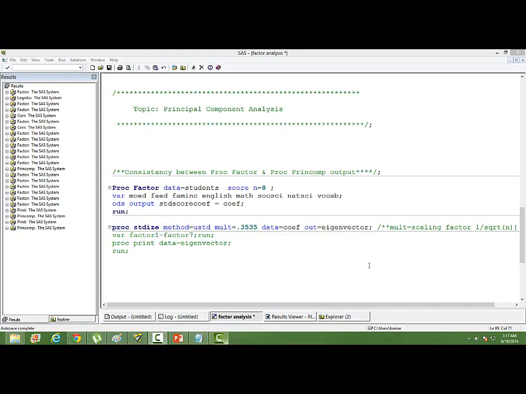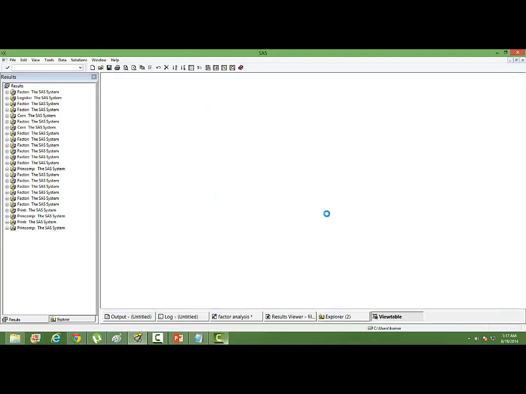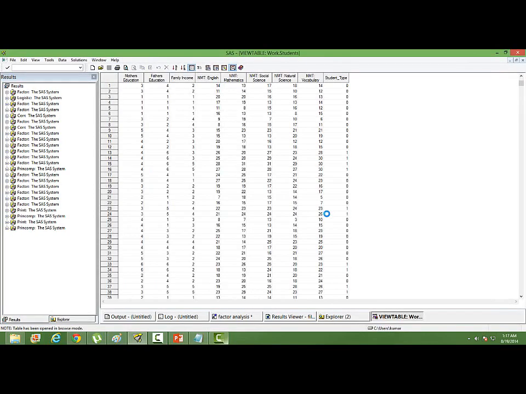For this exercise, I'll take a data set. It's on student performance in school. I have taken the same data set for exploratory factor analysis. If you have gone through that video, you must be very familiar with this data set. I'll talk about this data set in brief.